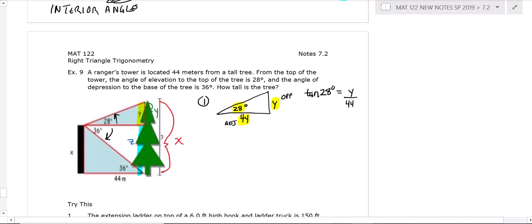There's a basic proportion, so cross multiply. We're going to have 44 times tangent of 28 equals y times 1, or y. Then we divide both sides by tangent of 28. We'll have approximately what y is when we go to the calculator.